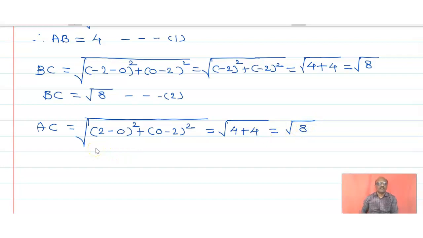Okay, therefore AC is equal to the root of 8. This is the third one.